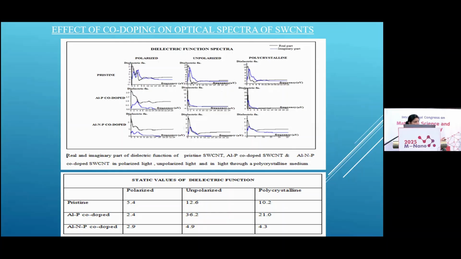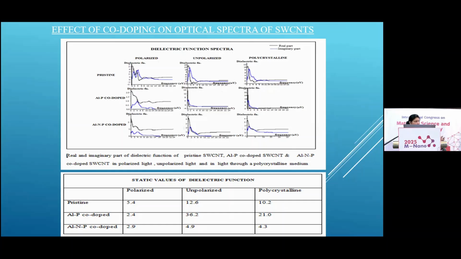So you can see that when we dope with aluminium and phosphorus, there is a slight increase in the dielectric function. And if another atom is doped, then there is a further increase. While in the unpolarized case, you can see there is a drastic change in the pattern.